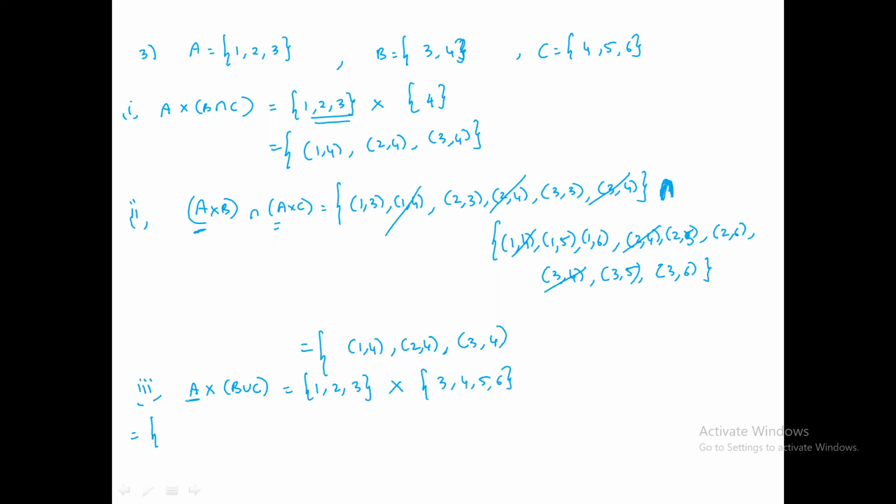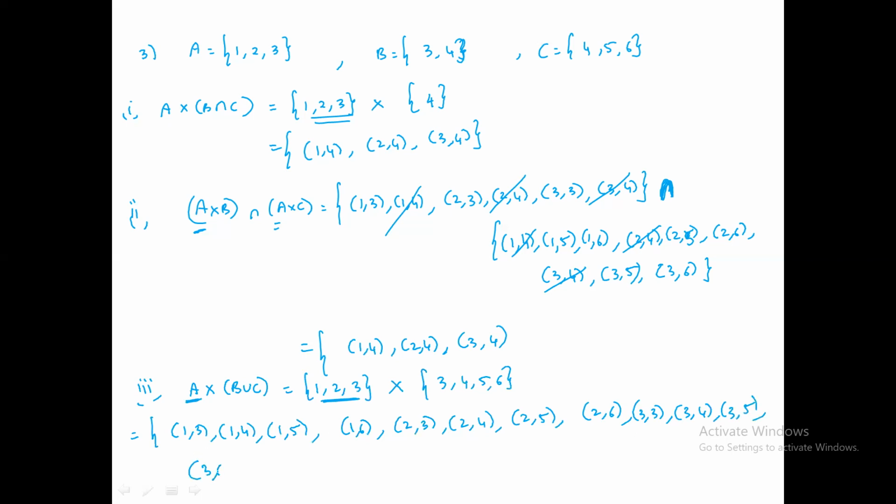That means first I have to start with A, that means first start with 1: (1, 3), (1, 4), (1, 5), (1, 6). Next I'll start with 2: (2, 3), (2, 4), (2, 5), (2, 6). Next I'll start with 3: (3, 3), (3, 4), (3, 5), (3, 6). Done.